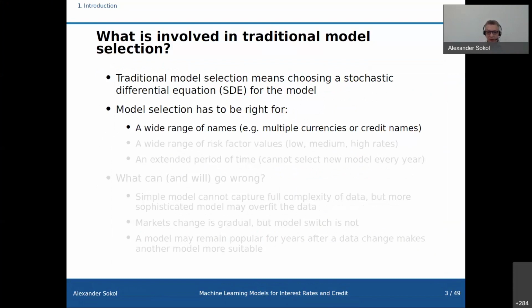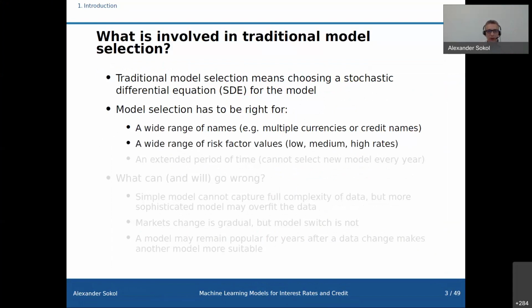Now, once you make model selection, it has to be right for a wide range of names. For example, we're talking today about a theory for interest rates and credit, right? So multiple currencies, multiple countries in case of government bonds, multiple credit names in case of CDS. A wide range of risk factor values. The model has to work for low, medium, or high rates.